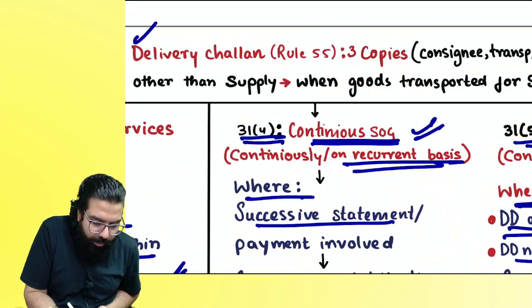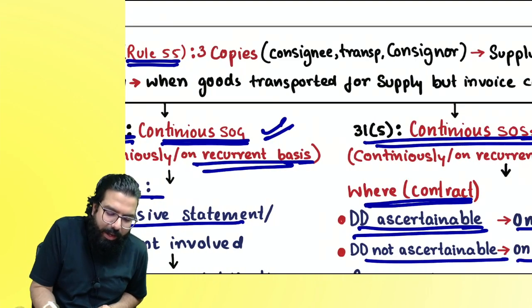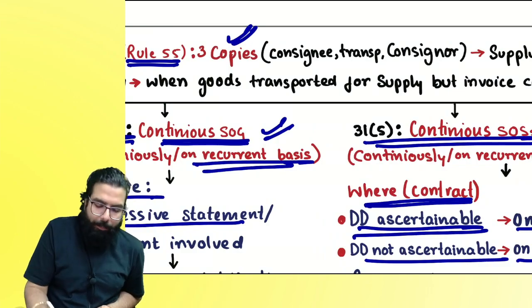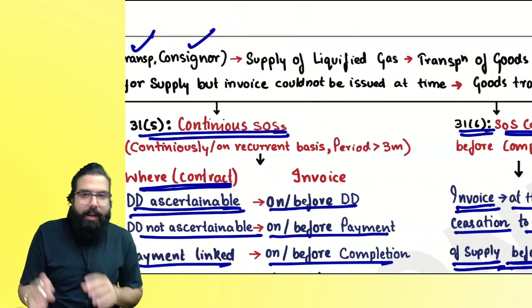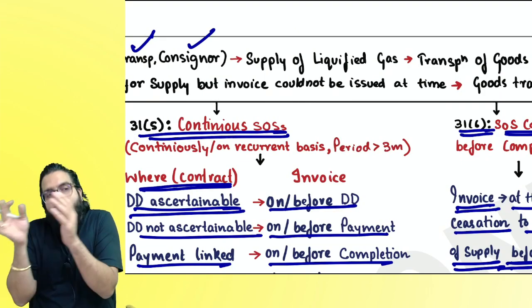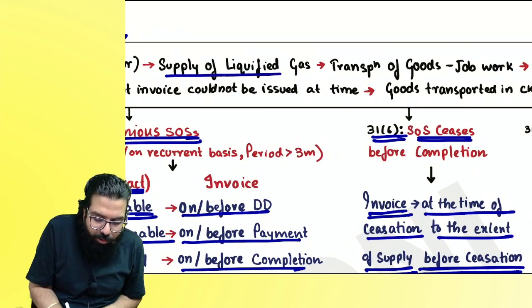Okay. Delivery challan. What is a delivery challan, everyone? Rule 55 says a delivery challan should always be issued in 3 copies: one for the consignee, one for the transporter, and one for the consigner. Whoever is sending, whoever is transporting, and whoever is receiving. When will you issue it?